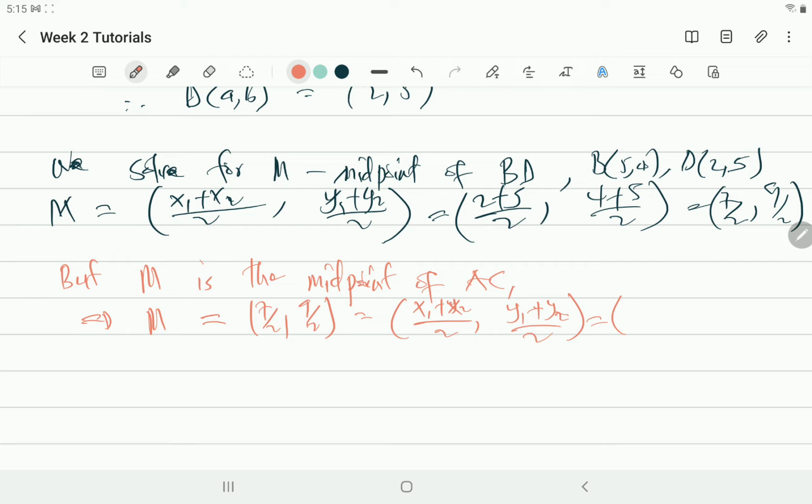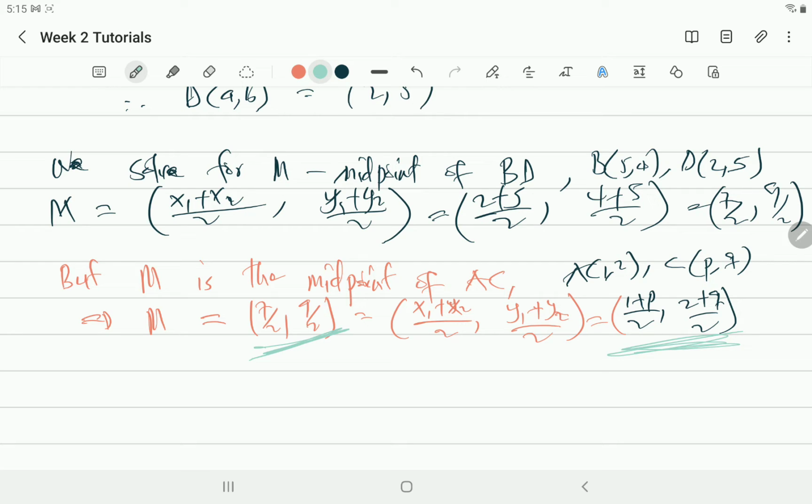Now when I do the substitution with the A and C, remember we know A and C. A is 1, 2 according to the question, and we are looking for C. We've represented it with P and Q. So I would have 1 plus P over 2 and 2 plus Q over 2. So we just do comparison here. This point is not different from this point. So I expect that my 7 over 2 is to be equivalent to 1 plus P over 2. And my 9 over 2 should be equivalent to 2 plus Q over 2.